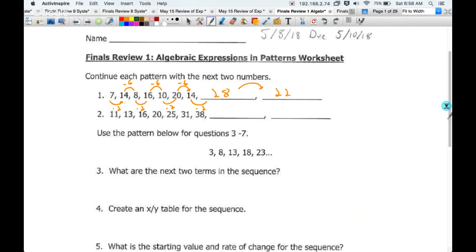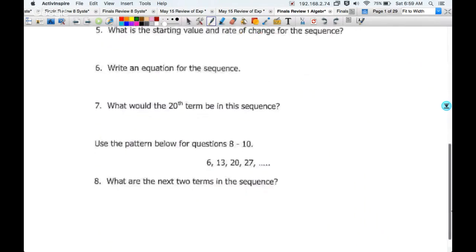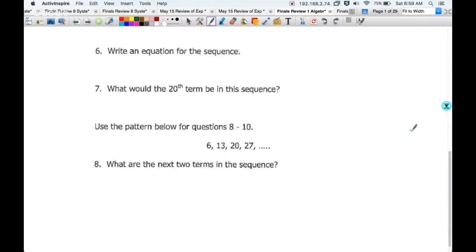I remember doing this one in class, so I think maybe the pattern down here for numbers 8 and 10 would be a good one. What are the next two terms in this sequence? Well, let's check and see if it's an adding pattern first. To get from 6 to 13, I add 7. To get from 13 to 20, I add 7. And to get from 20 to 27, I add 7.